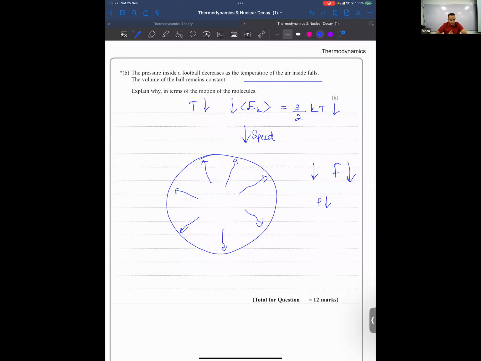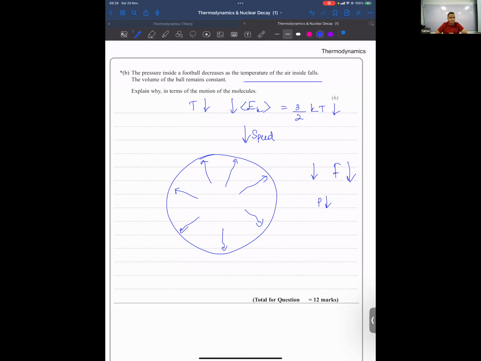No, even if you write it, okay, but not extra marks. Full stop. So the rate of change of momentum of the molecules will decrease.